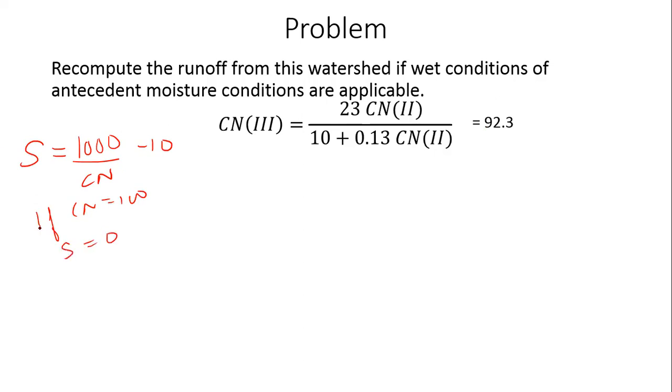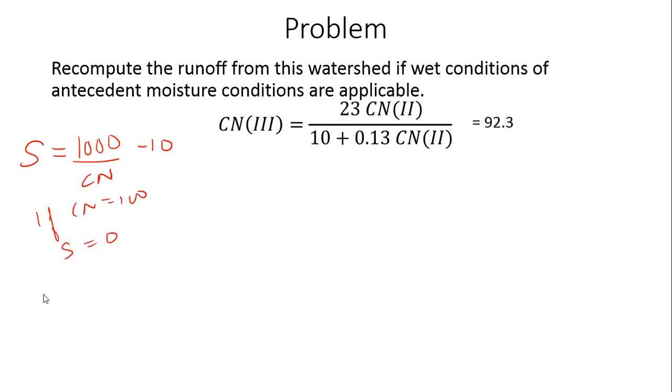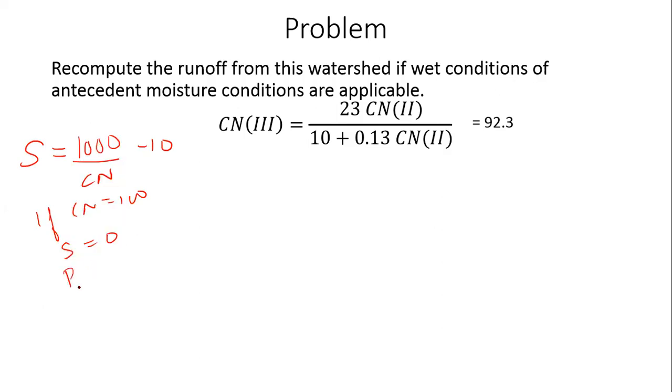If S equals 0, PE equals P, right? So the closer your curve number gets to 100, the closer PE will get to P. As curve number approaches 100, S approaches 0, and PE approaches P. So that's the physical idea that you should have in your mind.